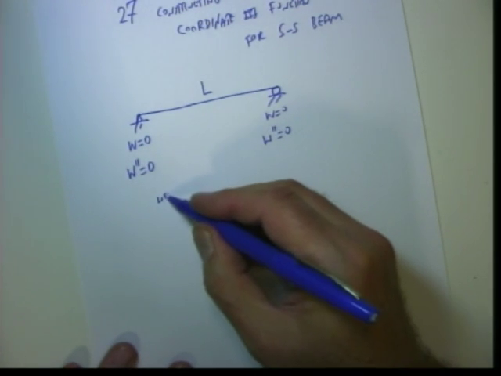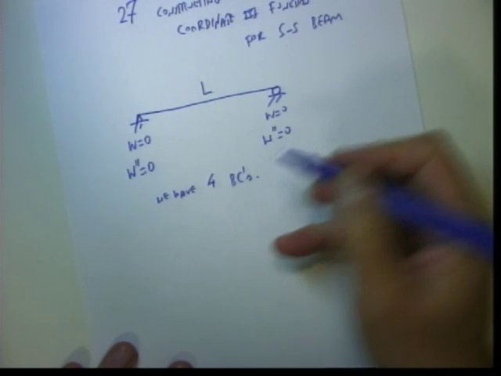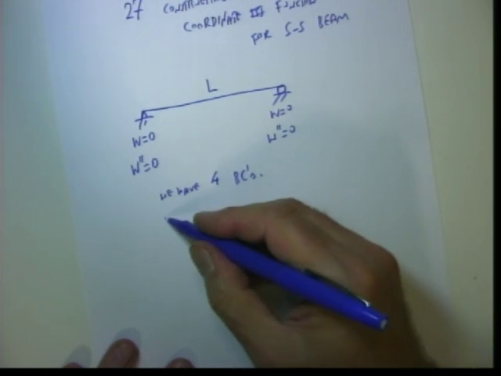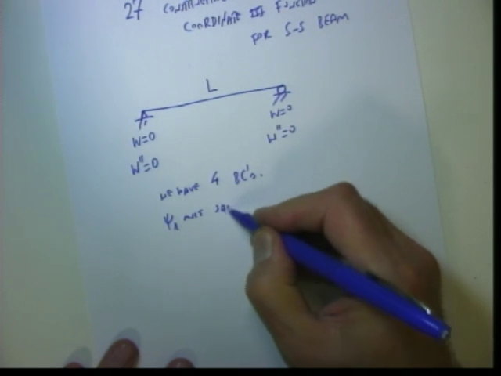Now we have 4 boundary conditions. So psi 1 must satisfy them.